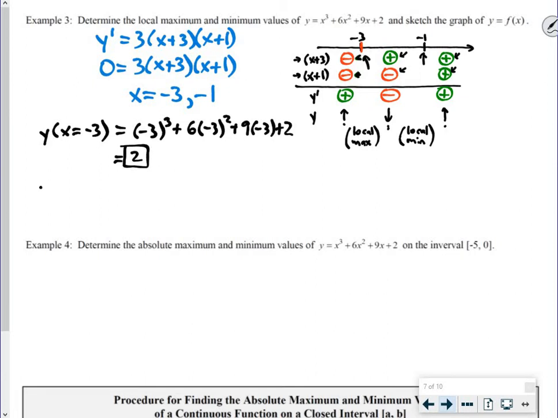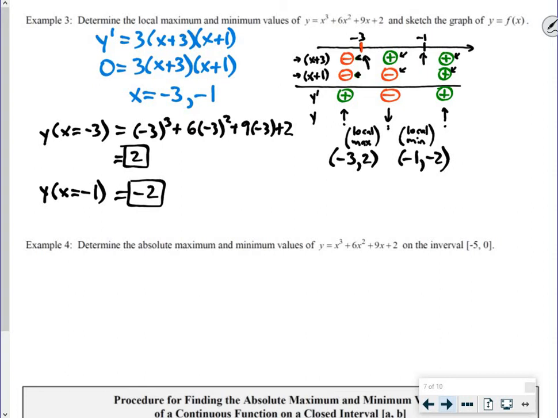And y when x equals -1. Same procedure, just sub in -1 for x. You get -2 there. So we'll have a local max at (-3, 2), and we'll have a local min at (-1, -2).